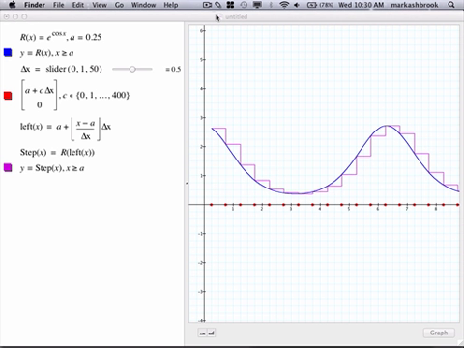What's that? Yeah, so these lines, these vertical lines, right? Those shouldn't be part of our step function, right? So what is it the graphing calculator is doing that it's creating those vertical lines?